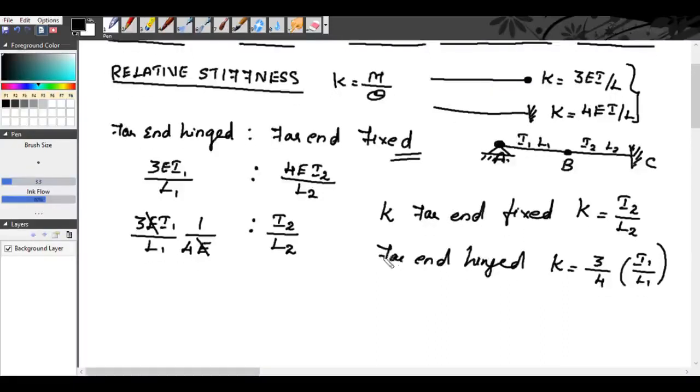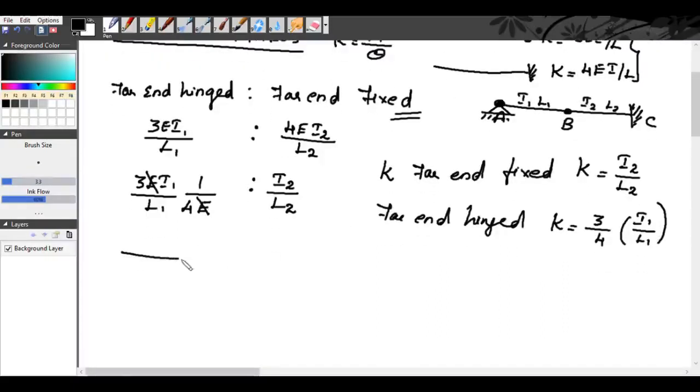Suppose the cases are different: we have a joint B, where A is fixed and C is hinged. For the first beam, we take I1, L1 and for the second, I2, L2.